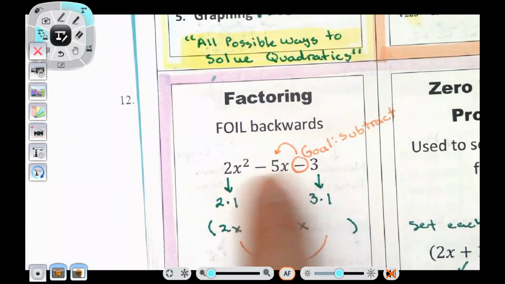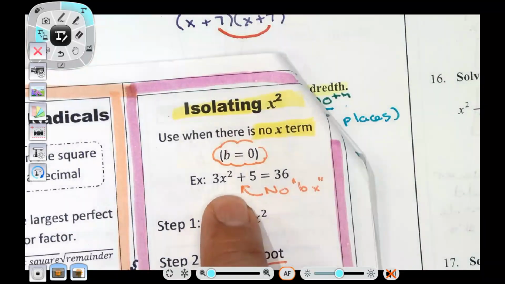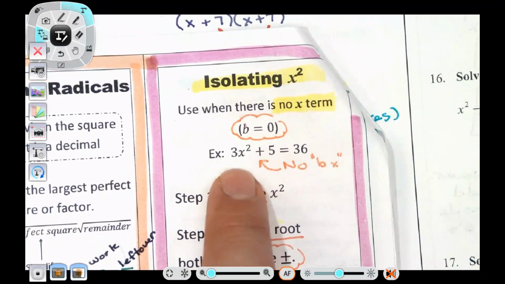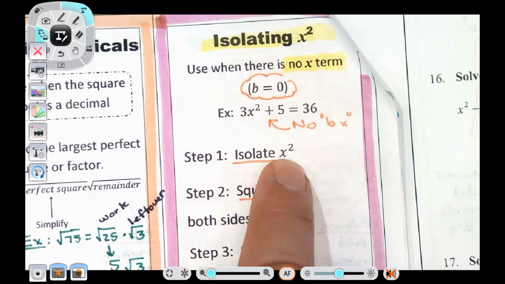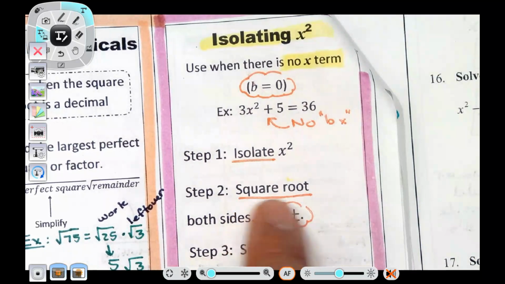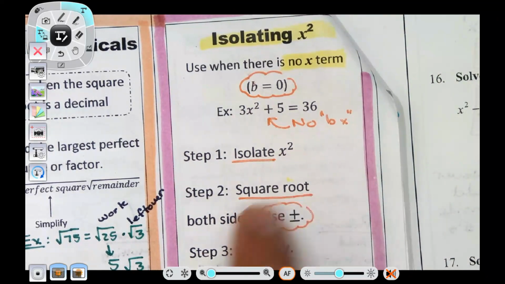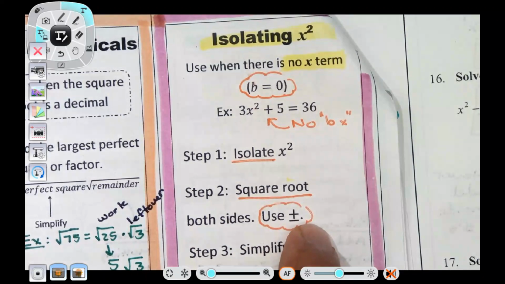This has 2 x's, so that's not the technique I'm going to use. This is the one. Look at that example right there. It has one x only, and so it says isolate the x squared. So get the x squared by itself, square root, but here's the most important thing. You better use that plus or minus. Why? Because we have to have 2 answers.